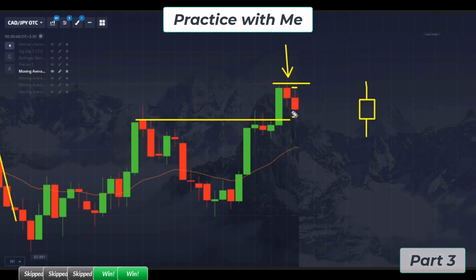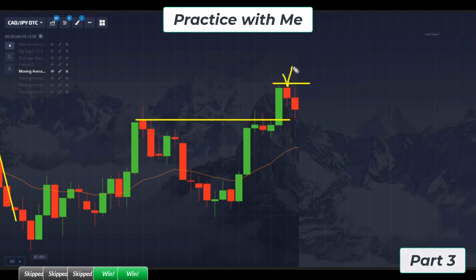So we cannot trust this, and we just have to wait for the next candle to see if buyers are gonna enter. If buyers enter here, something like this, it means that the trend is going to go up. But if they don't, I guess we're not going to go up yet. So we wait for the next candle.